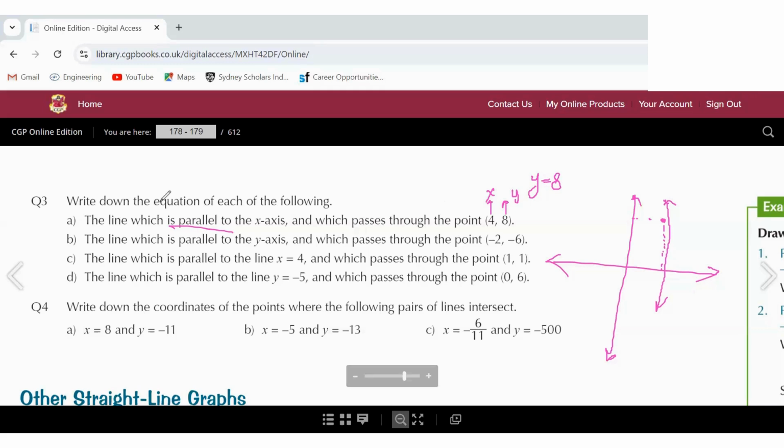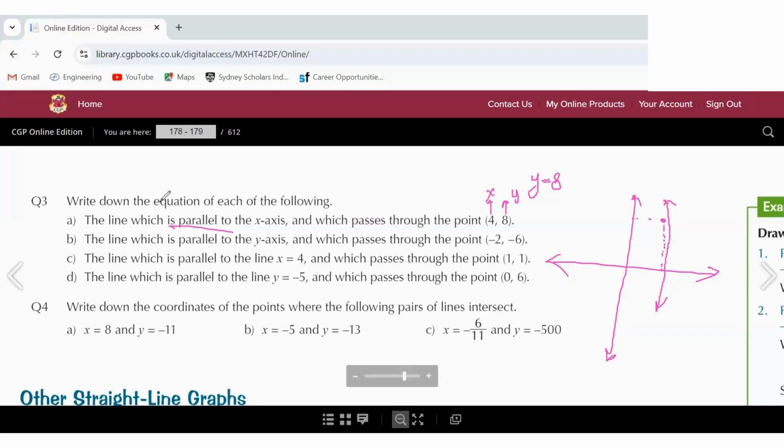Which passes through the point -2. Which equation is it, y equals or x equals? x is equal to -2. Perfect. Now you're correct. Okay, next one, C.